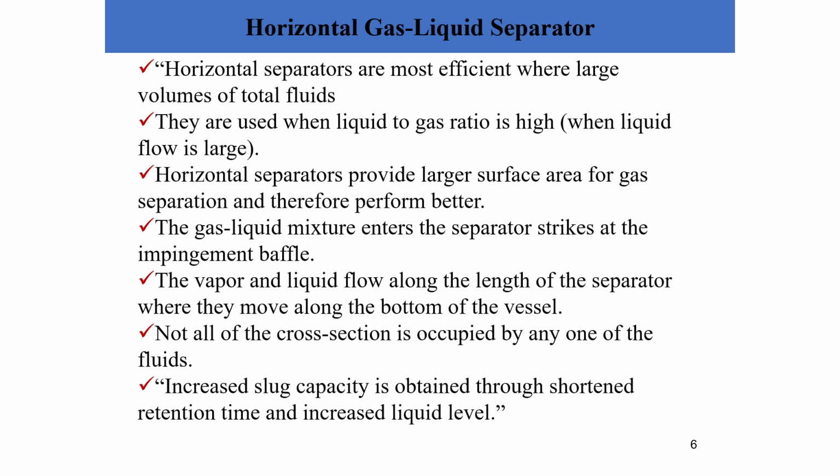And similar to the concept of the vertical one, once the gas and liquid enter the separator, they will strike what we call the inlet baffle or the inlet diverter. The vapor and liquid will flow along the horizontal direction of the separator, and not all the cross section will be occupied by any of the fluids, being liquid or gas. It will be distributed. We'll see this in the sketch on the next slide.